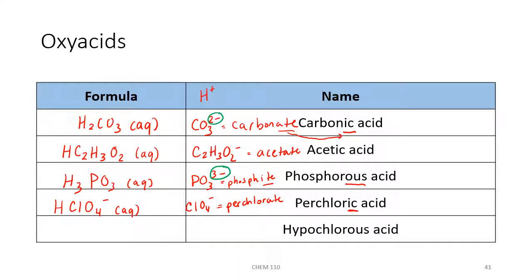And another one in the perchlorate family, hypochlorous acid. The ending OUS tells me it must have come from a polyatomic ion that ended in ite, which would be hypochlorite in this case. Hypochlorite is ClO minus.